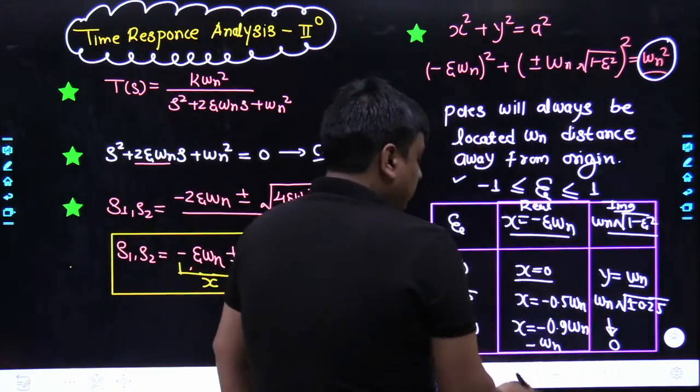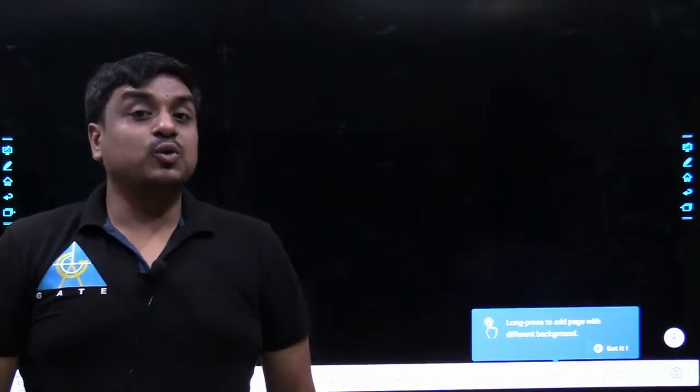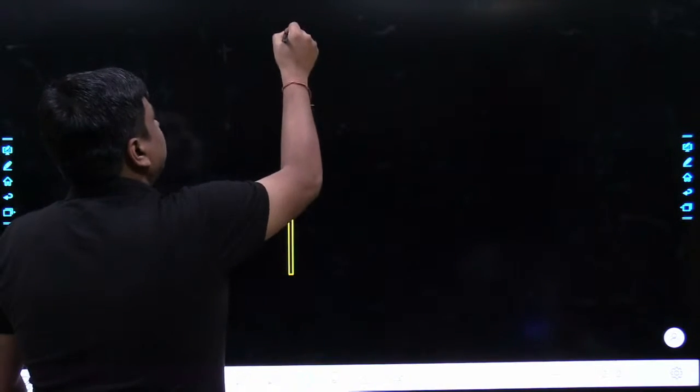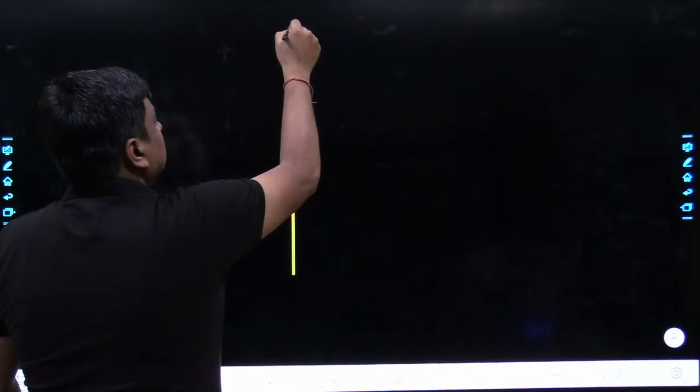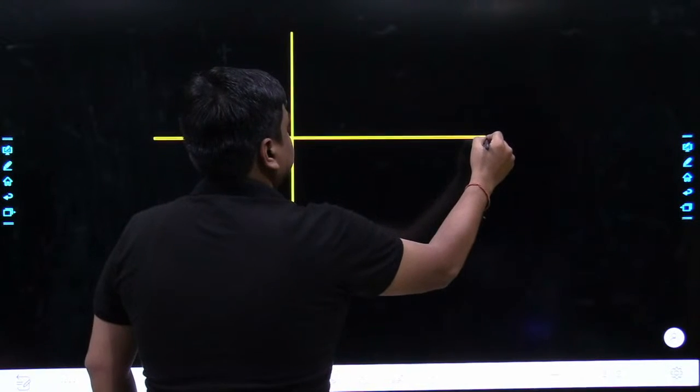So what I am going to do over here, let me take the next slide, and whatever mathematical conclusions we have got so far, we are going to draw in the form of a circle. So at the very beginning, let me take a y-axis. This is my y-axis, and this is my x-axis.